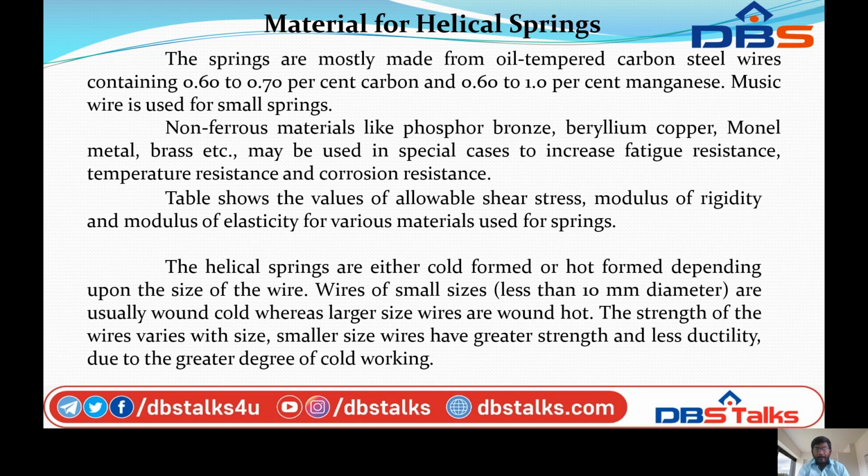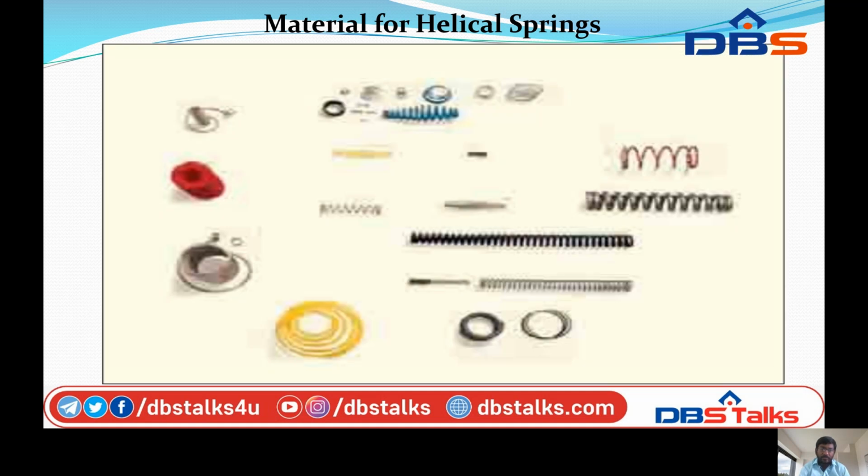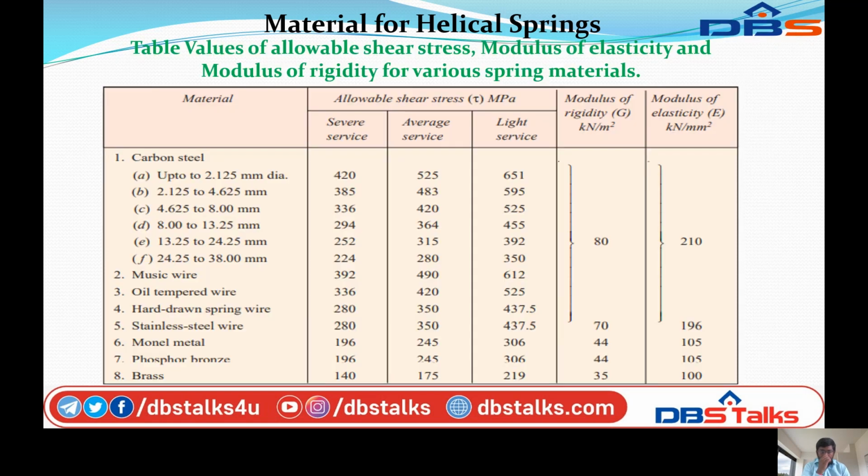So you can see the materials used for helical springs. Here is the table of various values of allowable shear stresses, modulus of rigidity, and modulus of elasticity for various spring materials.